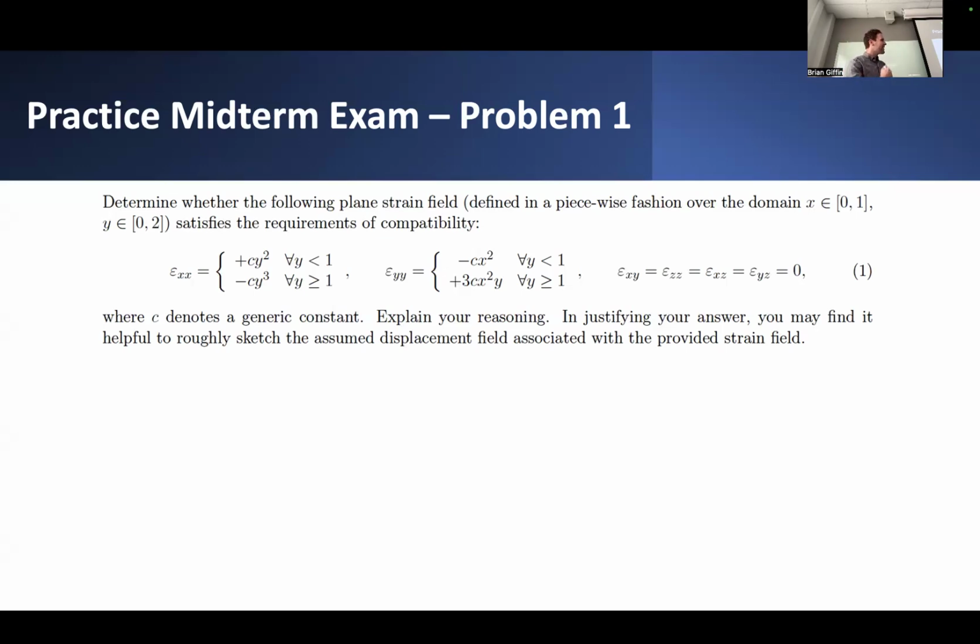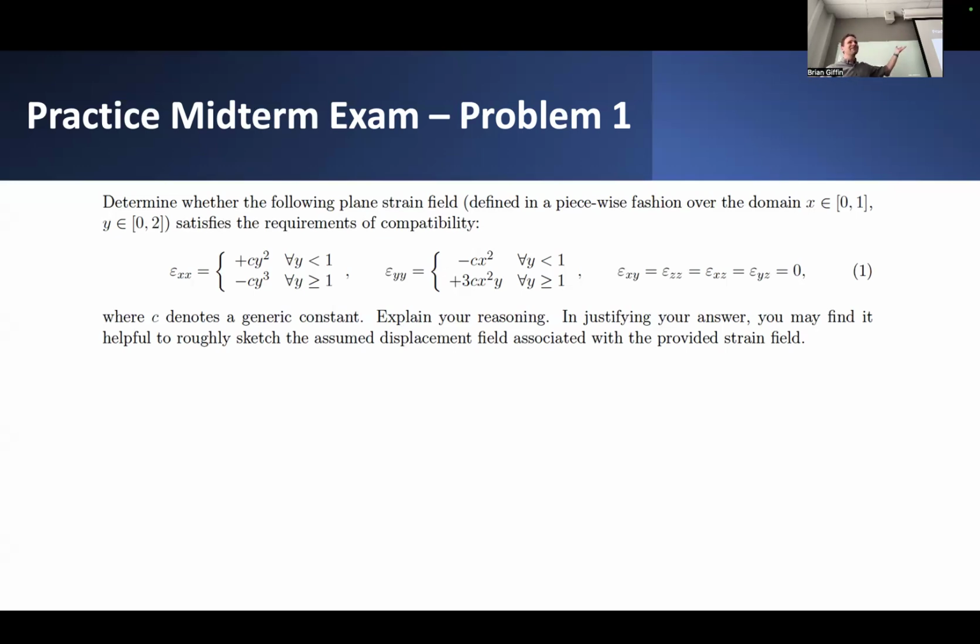So we could do a couple of things. If we're given this strain field, one thing we could do is try to integrate it to come up with resulting expressions for the displacement field. Is that more or less what you're suggesting? That's a nice idea, actually. There's a couple other things that we might try, and just to get your perspectives, what other things might we try? It's a good suggestion, though. I like that suggestion.